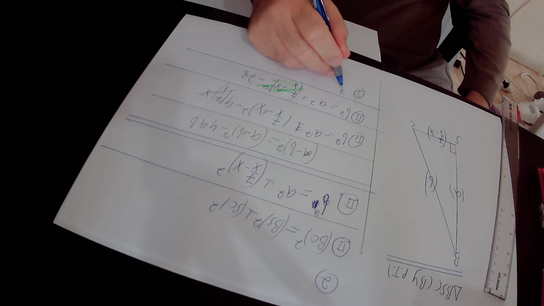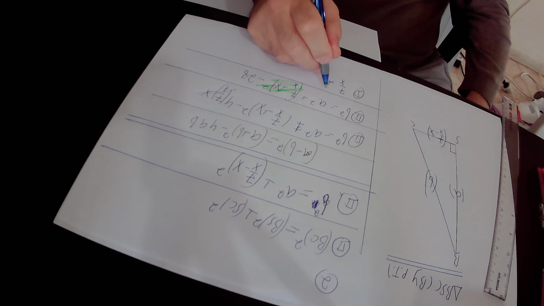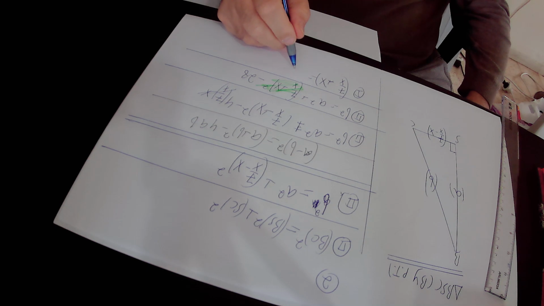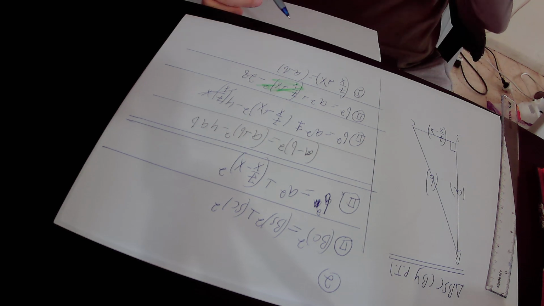7 over X plus X equals A plus B. So we substitute 7 over X plus X by A plus B, because it equals A plus B according to equation 1.